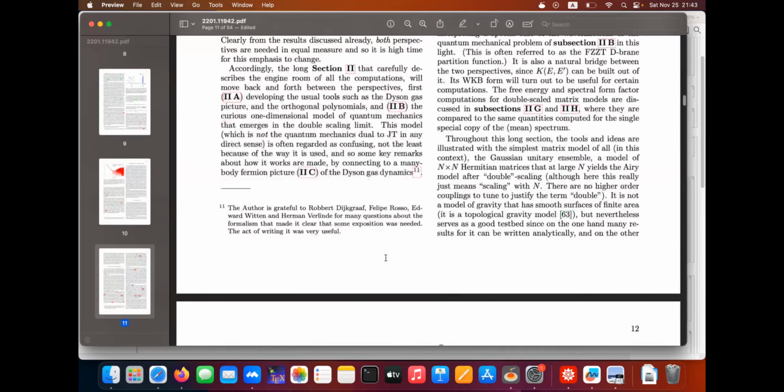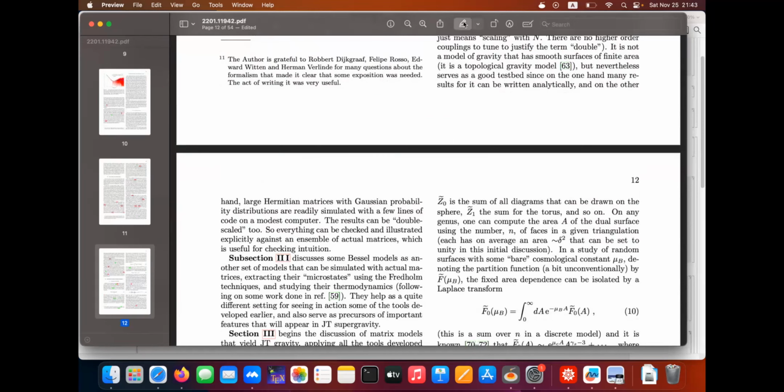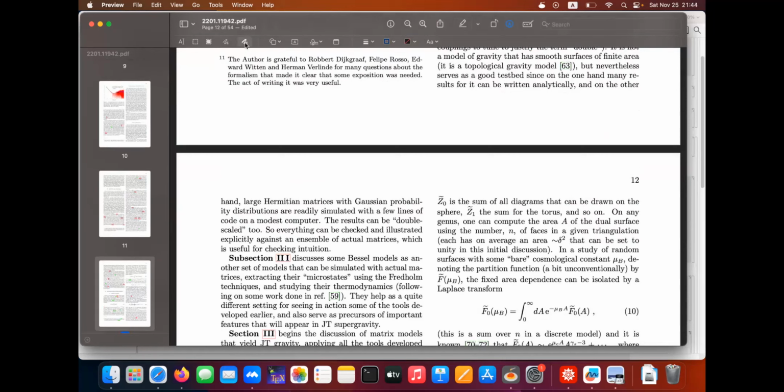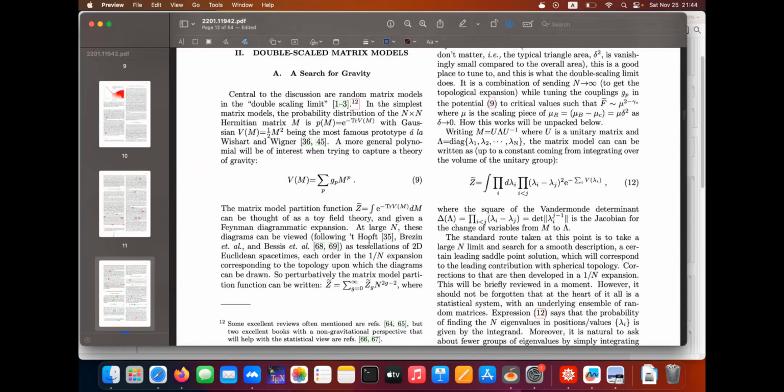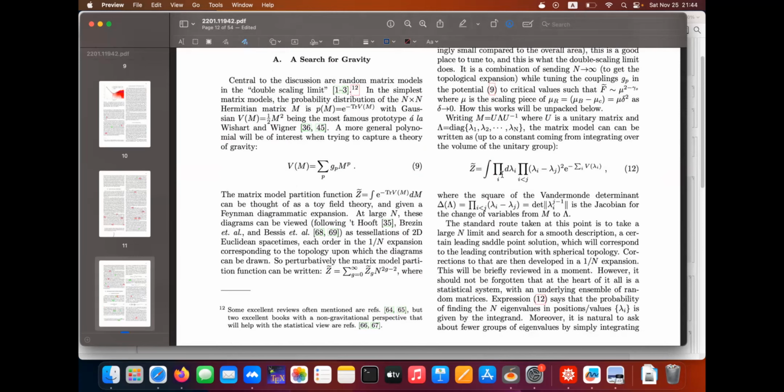Let me see. From the point of view of math, we just want to study the partition function like this. It's Z. You can insert anything like a trace of H^k and any other things. Then this is the partition function.